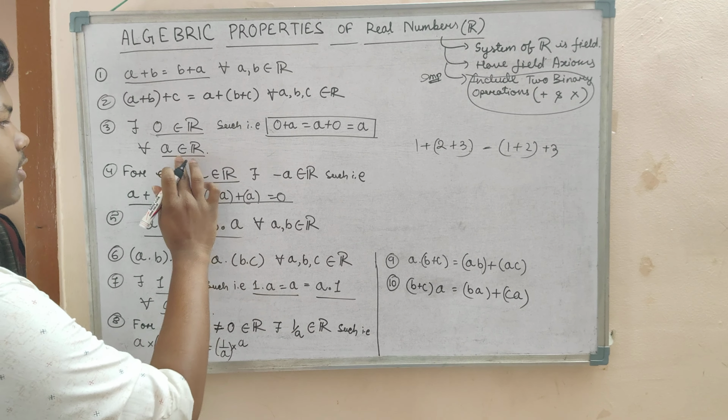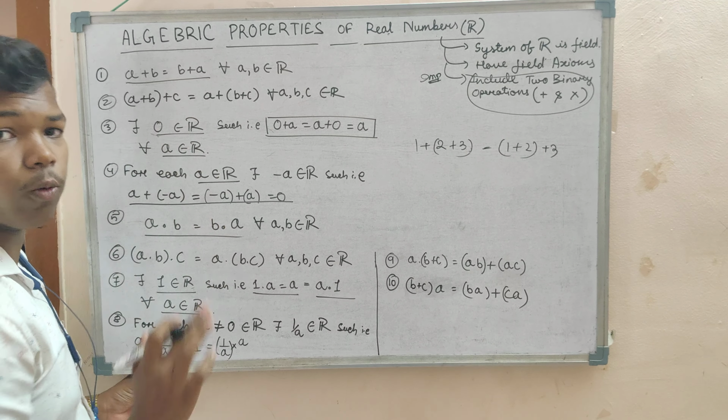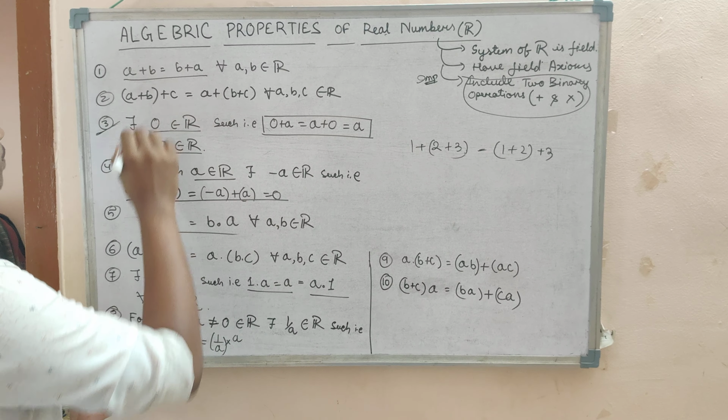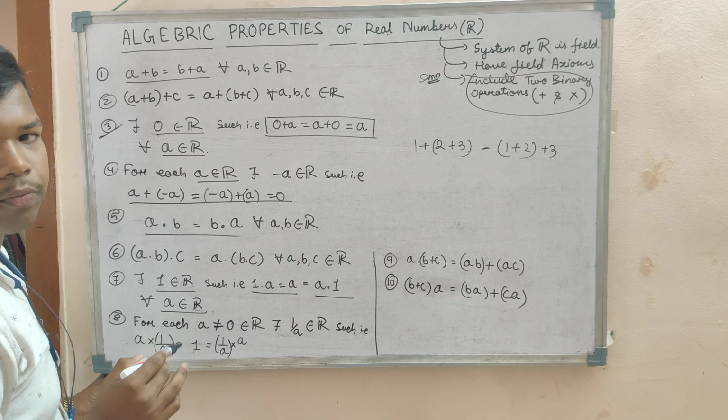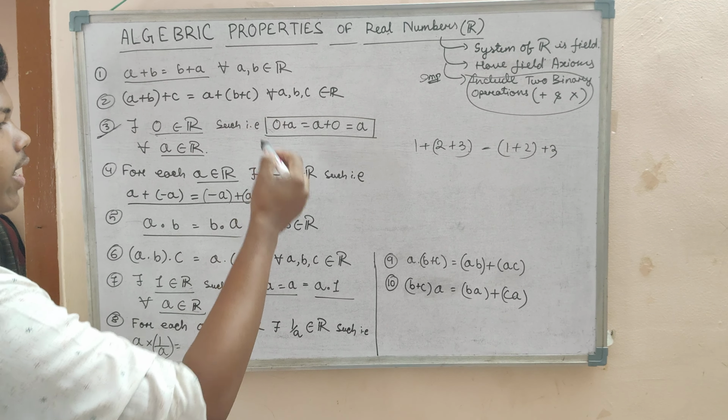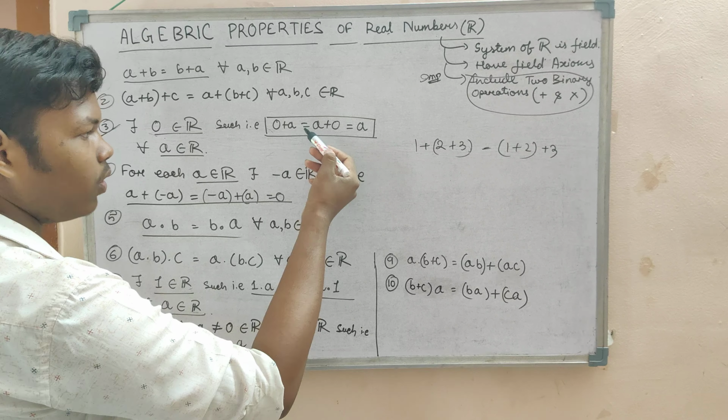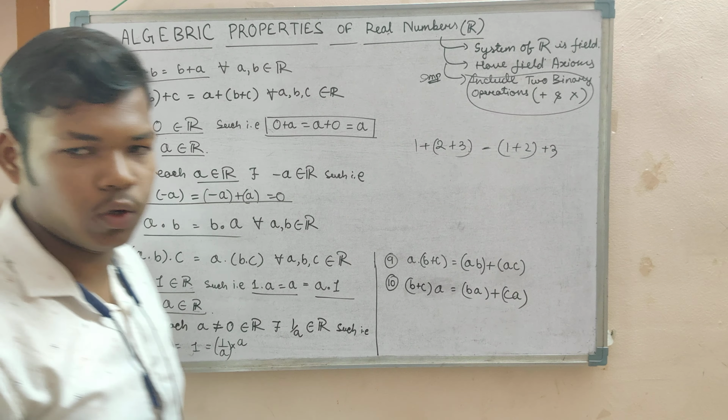Next, this is the condition for existence of 0. There exists 0 in R such that a plus 0 is equal to 0 plus a is equal to a.